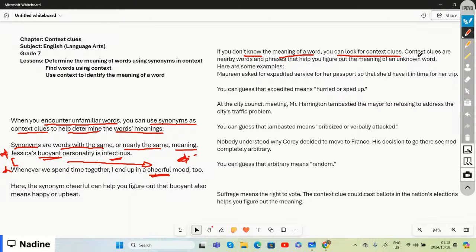So context clues are nearby words and phrases that help you to figure out the meaning of an unknown word, words that you don't know.